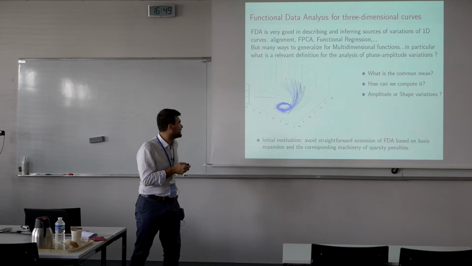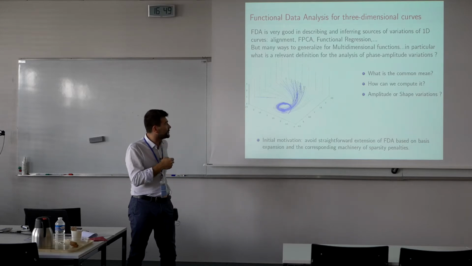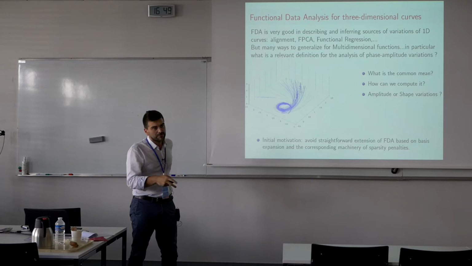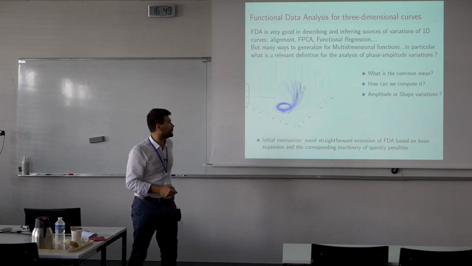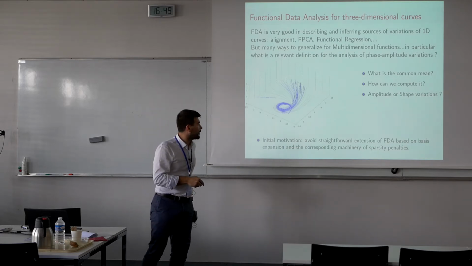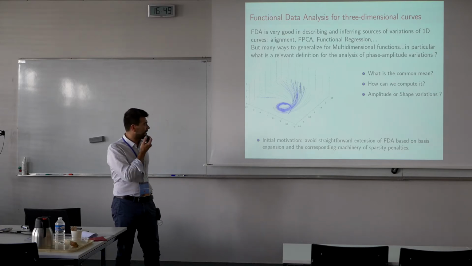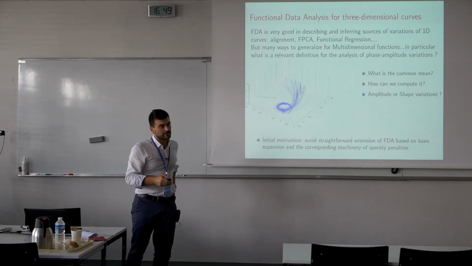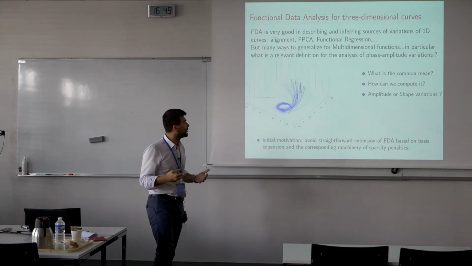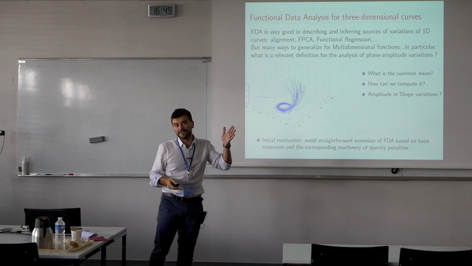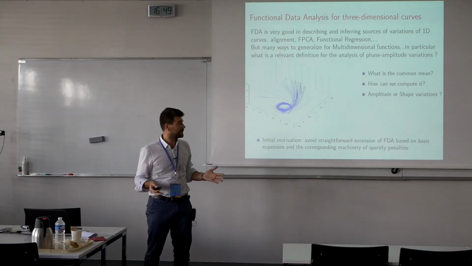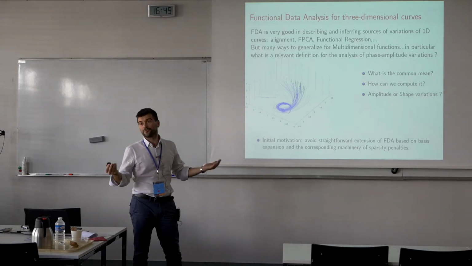So maybe it can be obvious, but you need to define clearly what you want to do. We also had another problem when dealing with this kind of data: when you have noisy, discretely observed data, you have to reconstruct your curve first.